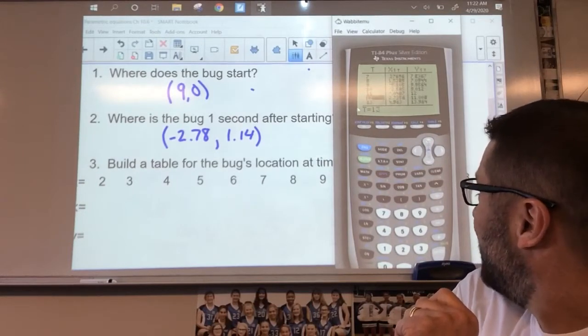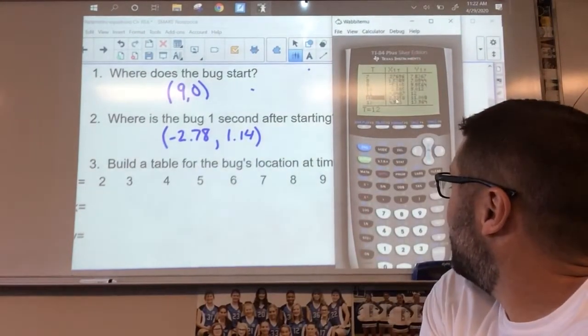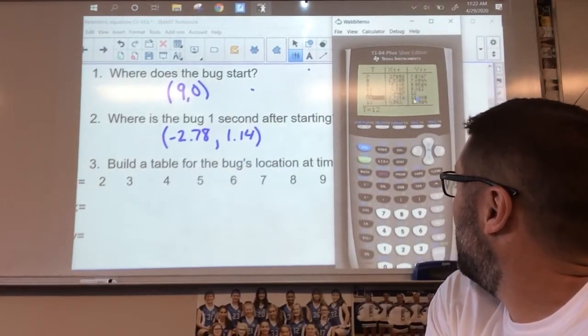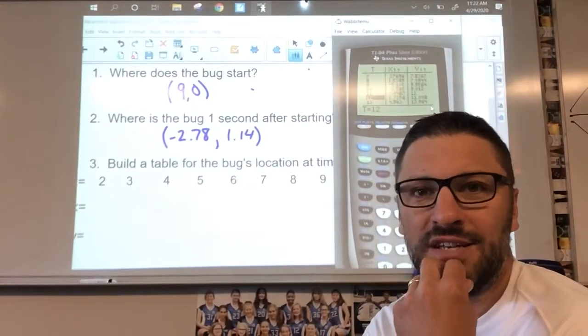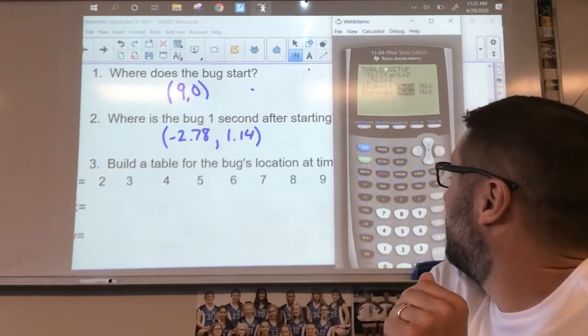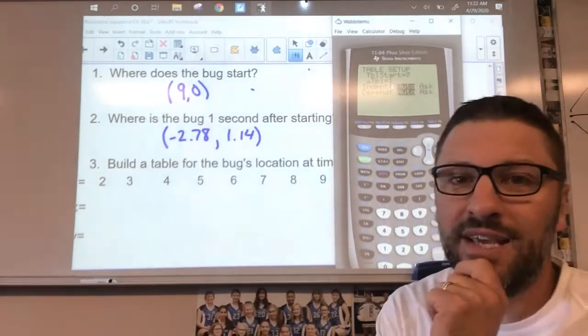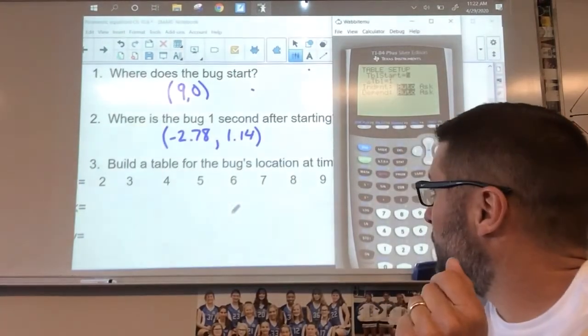Like the last second that we actually measured, the 12th second, he was at the point 2.73, 11.08. And we can find the bug's location at any time. We could go over here and set our table. I started my table at 0, but I could start my table at 0.1 and find him every 10th of a second. There's a lot I can do with this.